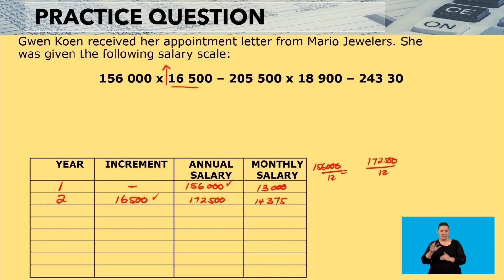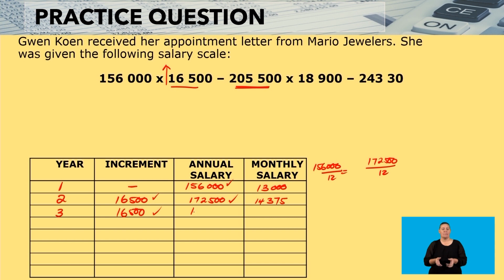In the third year, she will still get the same increment of 16,500 until she reaches 205,500. So we still give her 16,500 as an increment. So the annual salary, therefore, will be 172,500 plus my 16,500.